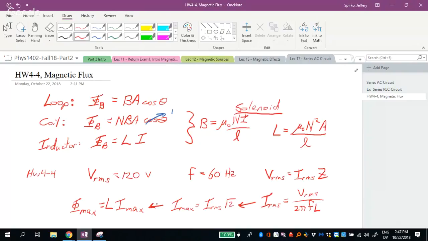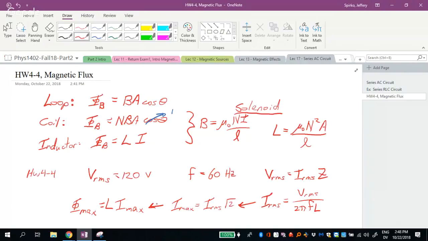The first time I saw this question, for about 30 seconds, I looked at it and I said, wait, they're not giving an inductor value. And I thought, okay, what I should do is charge ahead and just make the inductor value capital L, even though I don't know it, and see what happens. And by the time you get to the end, you're multiplying out an unknown L that you didn't know in the first place.